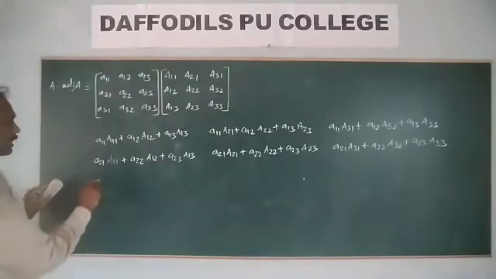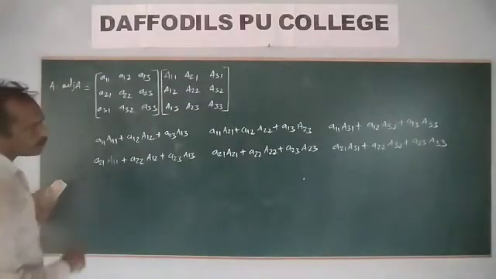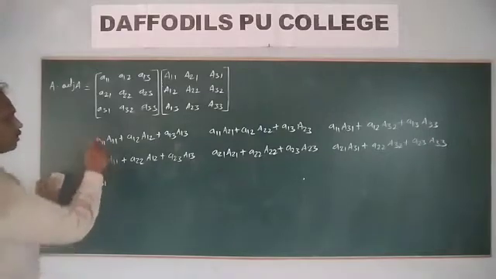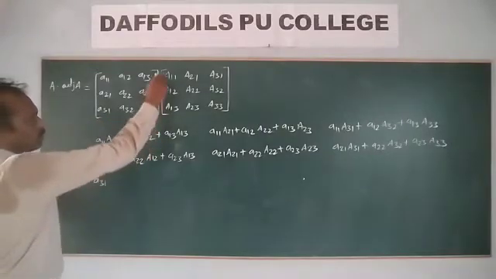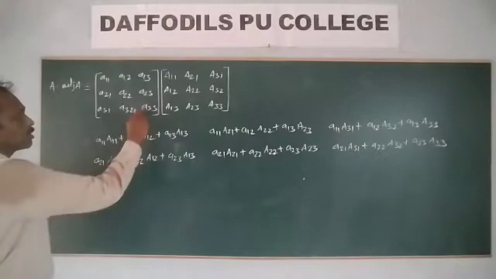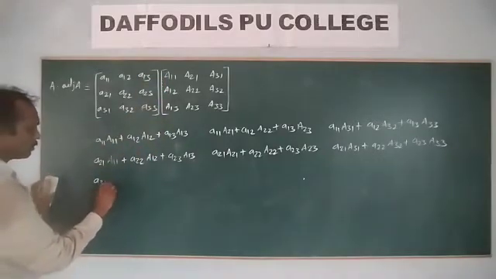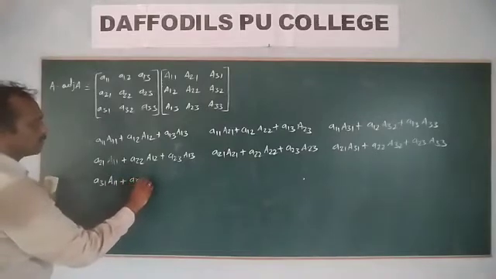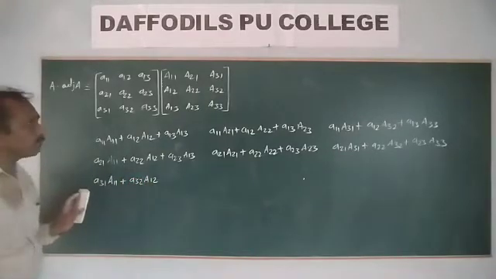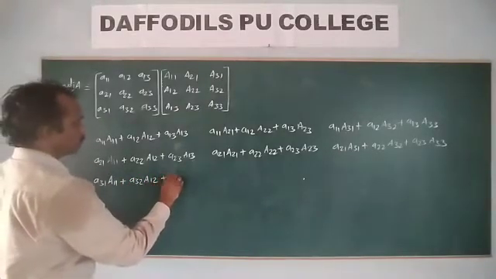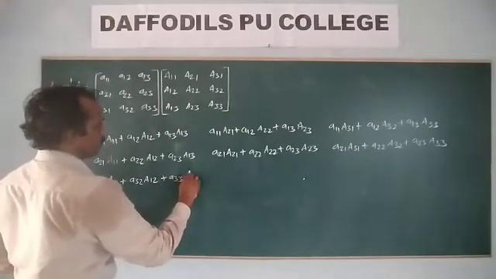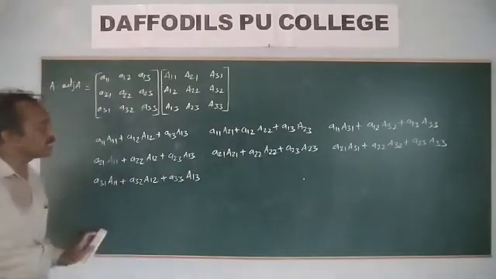Next up, seventh element, third row, first column: A31 A11 plus A32 A12 plus A33 A13.